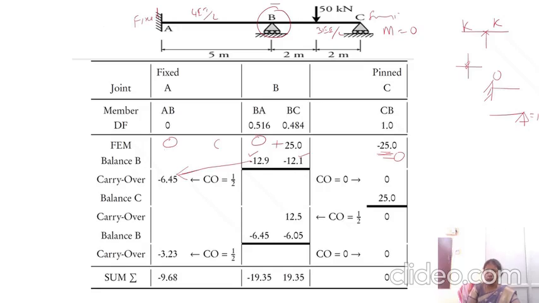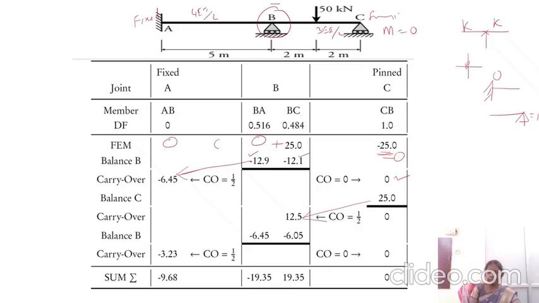So we are adding minus 25 and plus 25 to make 0 moment here. If you add plus 25, then this moment should be carried over to the nearby joint, that is C to B. Half of the moment is carried to the intermediate joint, so 12.5.